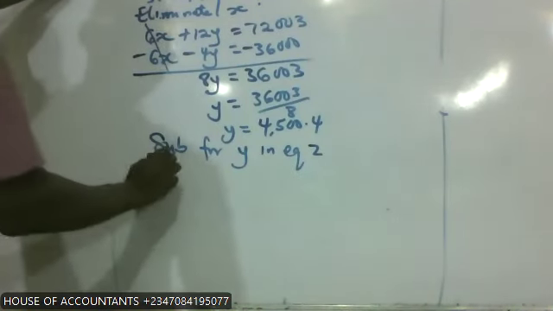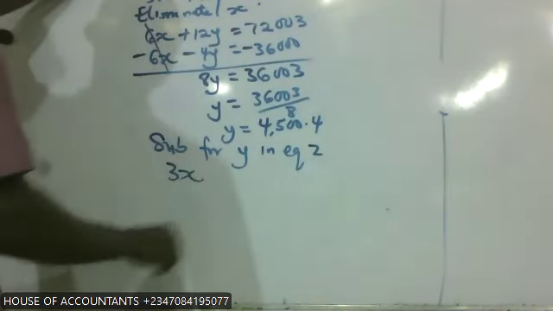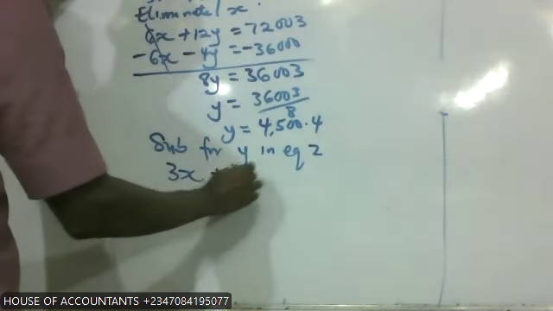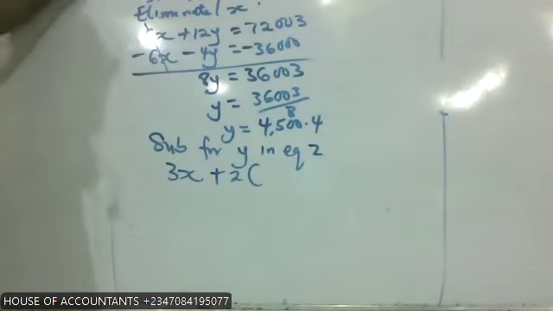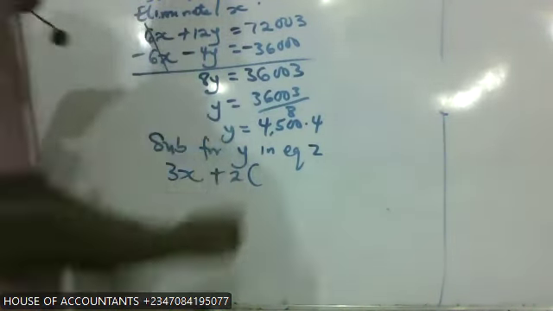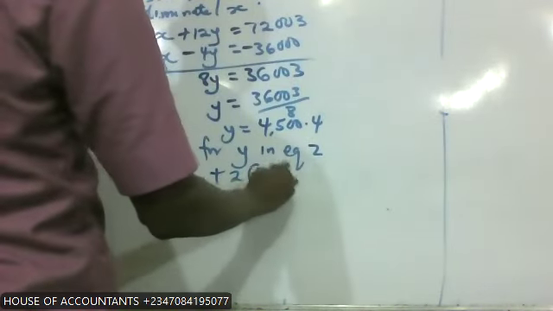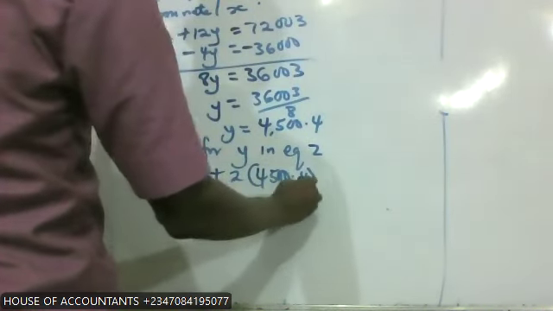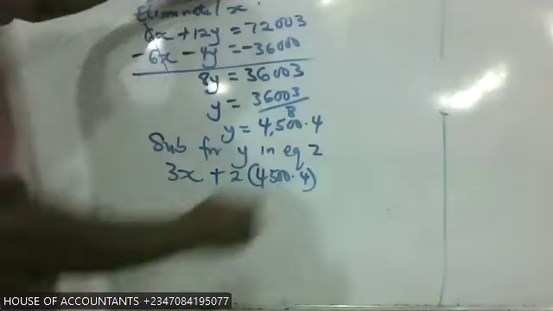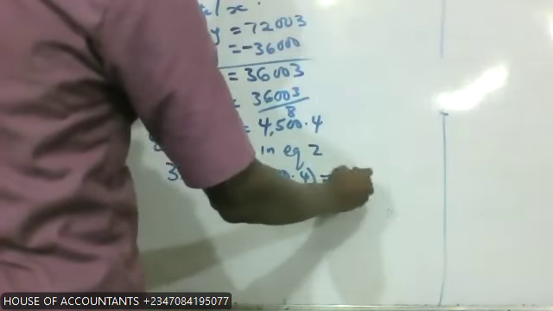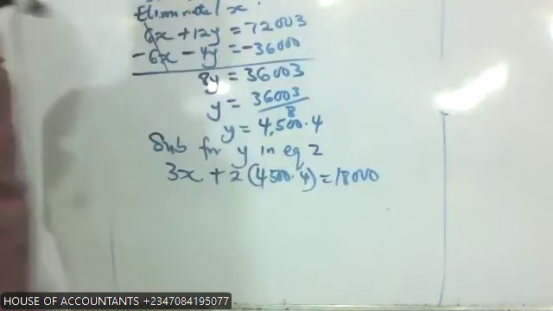I will say 3x plus, anywhere I see y, it becomes what? 4,500. What is the total? 18,000. Yes or no?